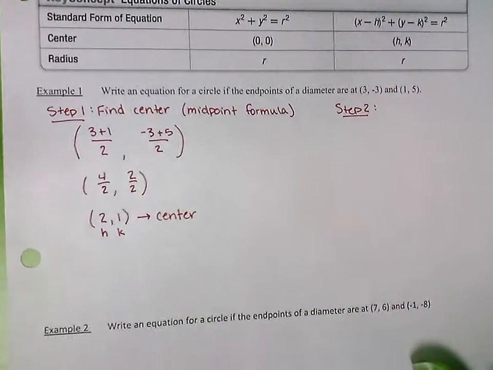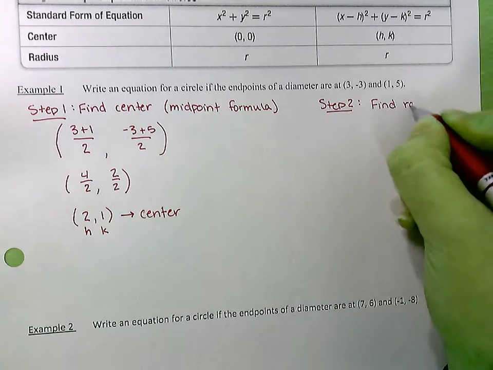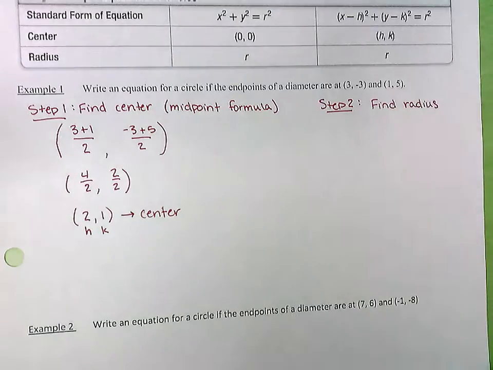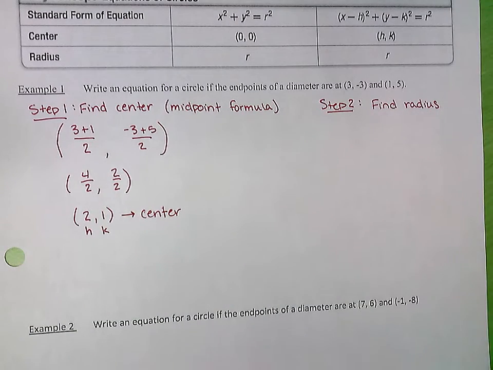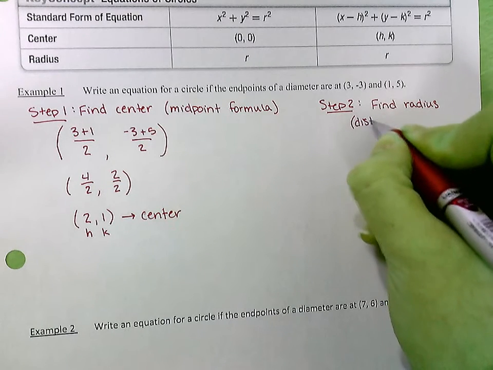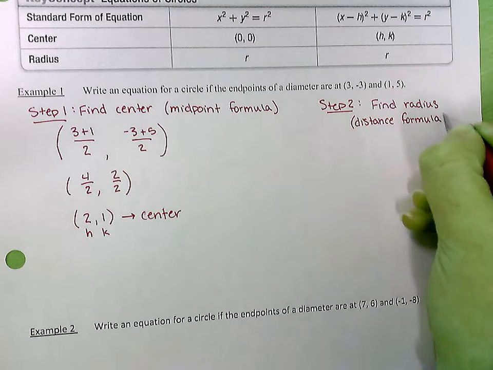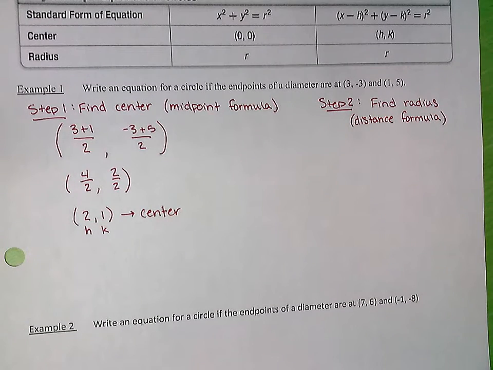Step 2, we want to find the radius. Okay, in order to find the radius, we're going to use the distance formula. Okay, so we're going to use that distance formula again. That is the formula we went over in 9.1, that first section.